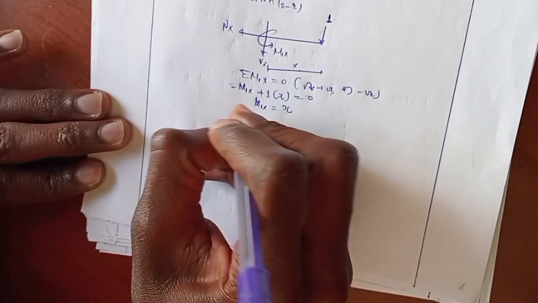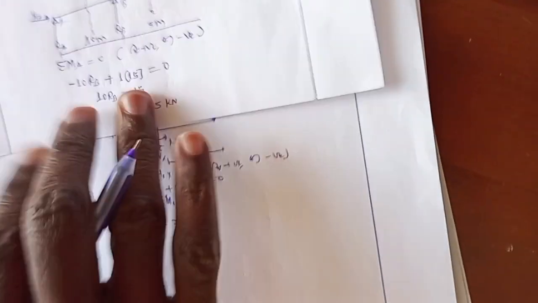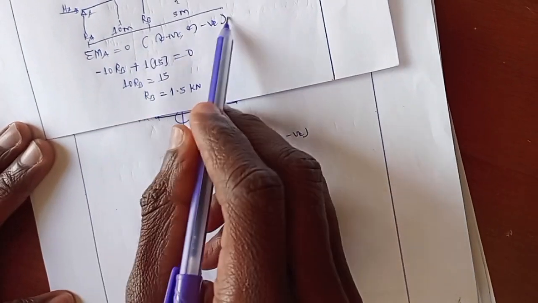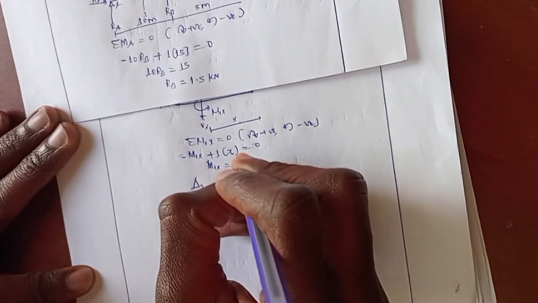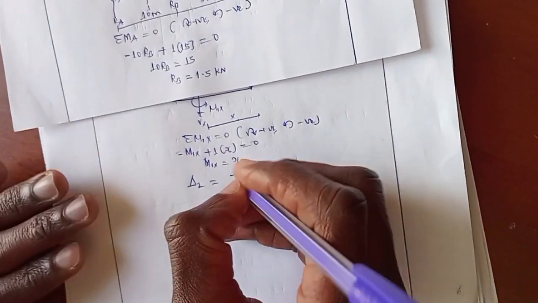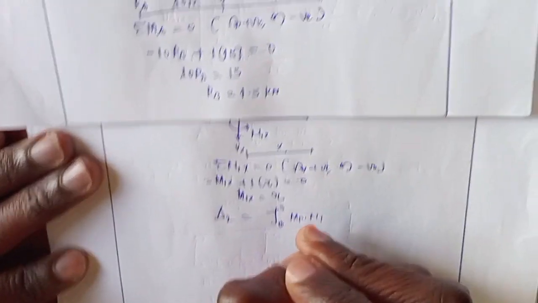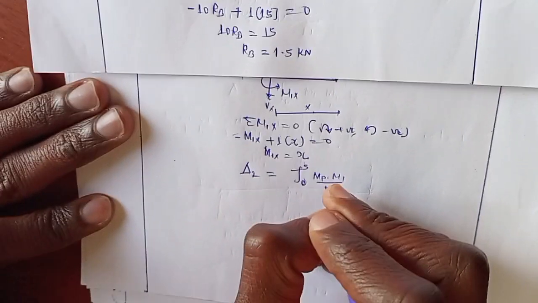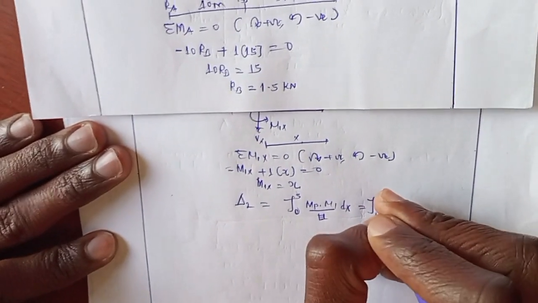Now deflection for section 2 will be from 0 to 5, its distance is 5, so we integrate from 0 to 5. Moment due to applied load times moment due to unit load for section 2 over EI dx, from 0 to 5.